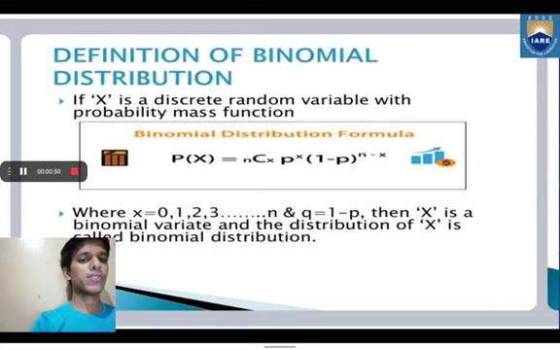The binomial distribution formula is P(x) = nCx p^x (1 minus p)^(n minus x), where x can have values from 0 to n and q is equal to 1 minus p.